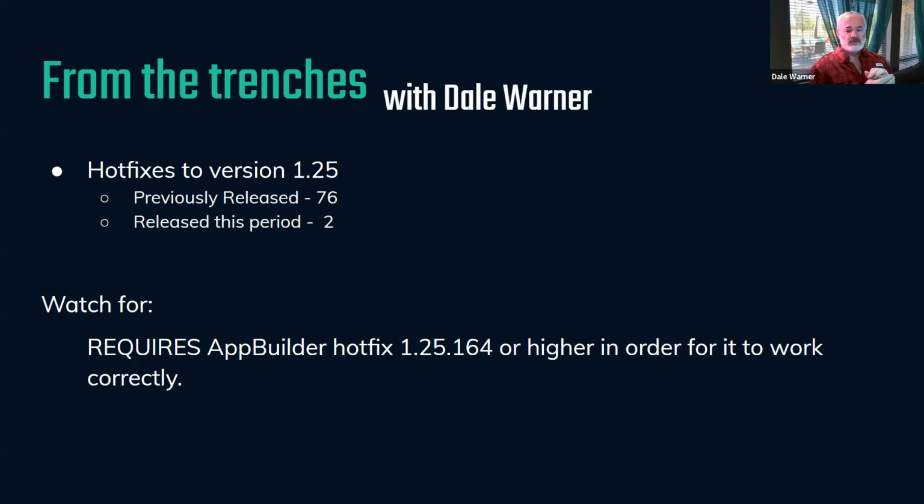Just a reminder that as you get into the updates window within our configuration, you can see updates that are available to you, and you can install these hotfixes. But some hotfixes require App Builder version 125, so 164 or above. So just watch for that and make sure that you install the higher version of App Builder before you go on to these other hotfixes.